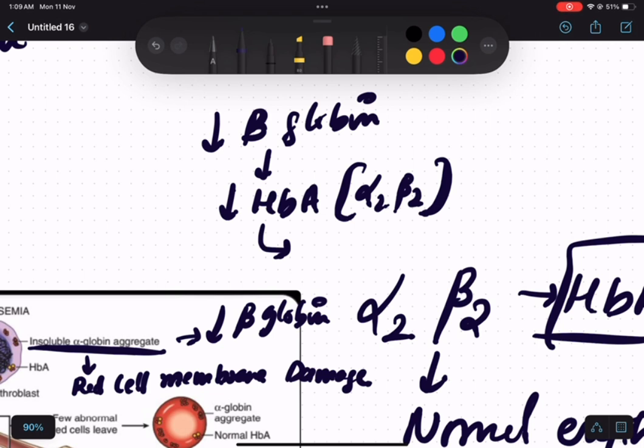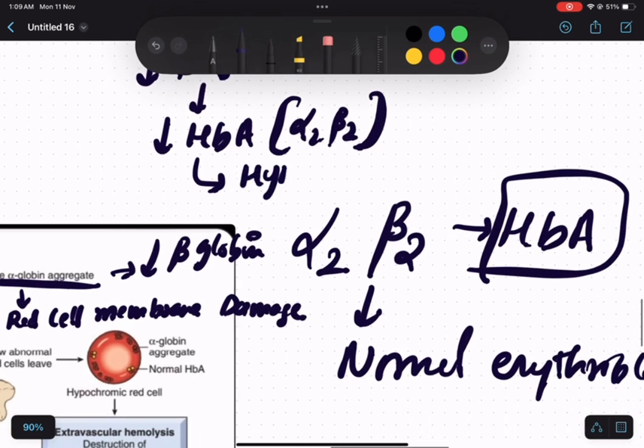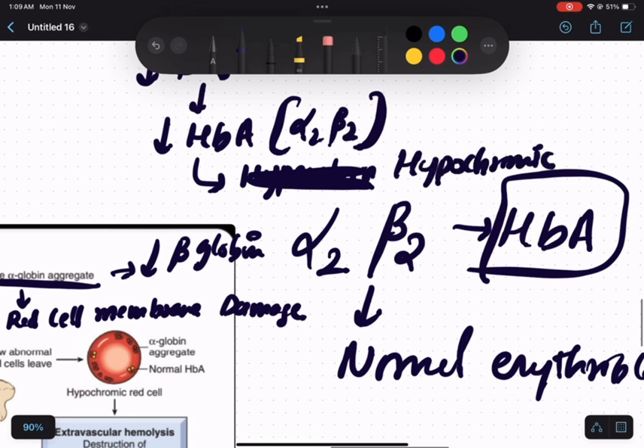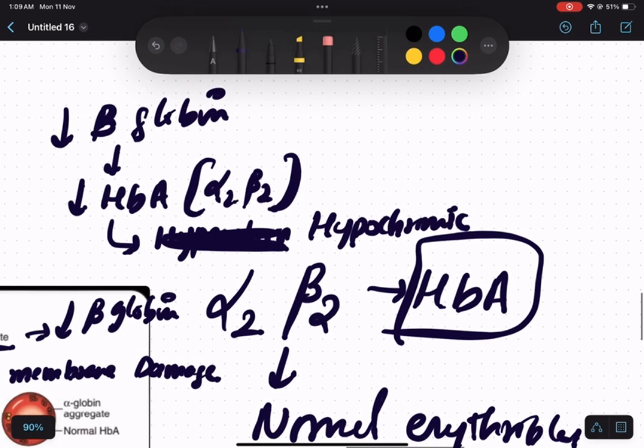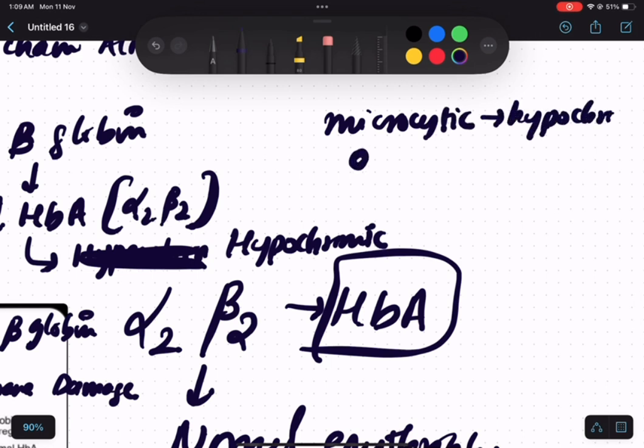If it is reduced, our red cell becomes hypochromic, under-hemoglobinized. So we can see a microcytic, meaning small, hypochromic blood picture.